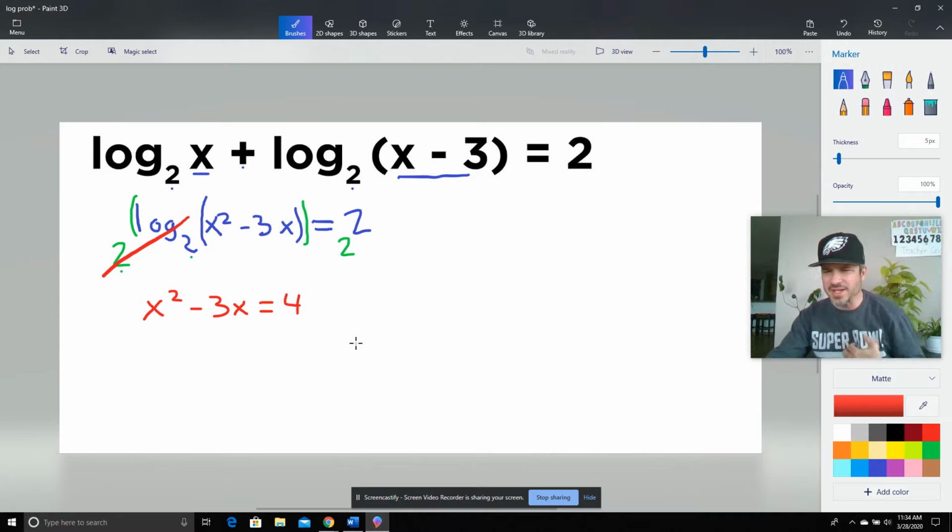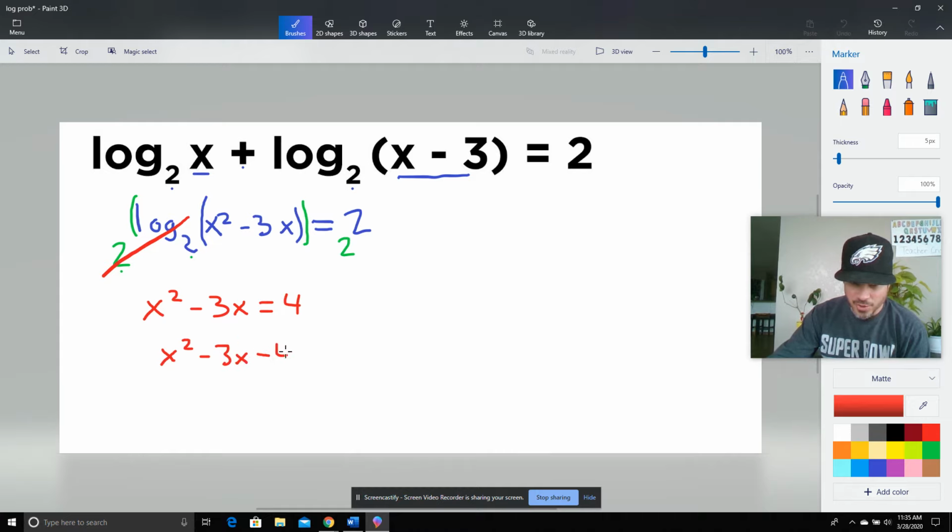Remember, our goal here is to get x alone, to solve for x. And I see something very familiar here. I see a quadratic, right? So sometimes when we do this math, we're back to the quadratic unit, and we're trying to find the factor set from the last unit, right? So again, we're looking for something that can make a negative. So we got negative 4 plus 1 makes negative 3.